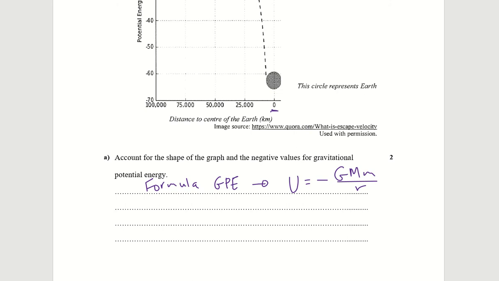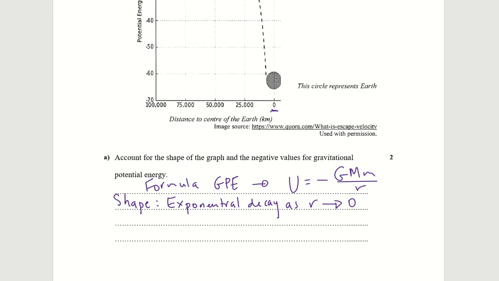Accounting for the shape of the graph, the shape that we see is an exponential decay as the radius approaches 0. Okay, and that's to do with our graph there.